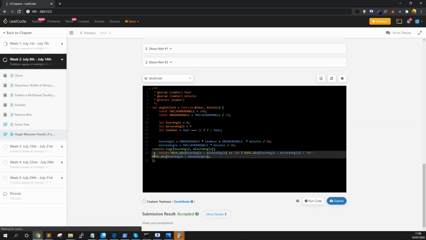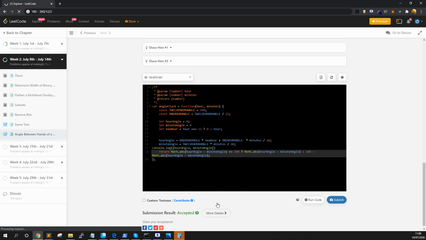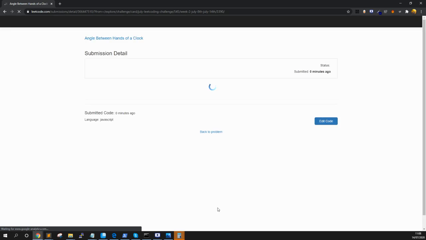So let's see. I mean, it works. Okay. Well, let's see how well we did. Details. Accepted. Okay. Details. Okay. It's loading. Still loading.